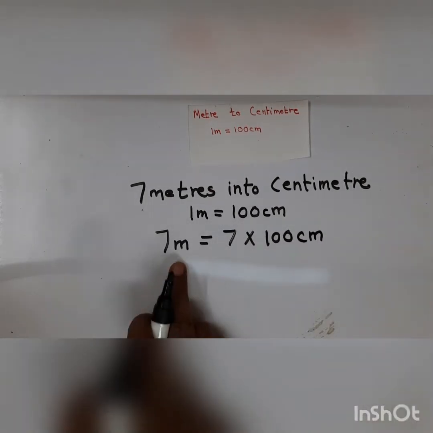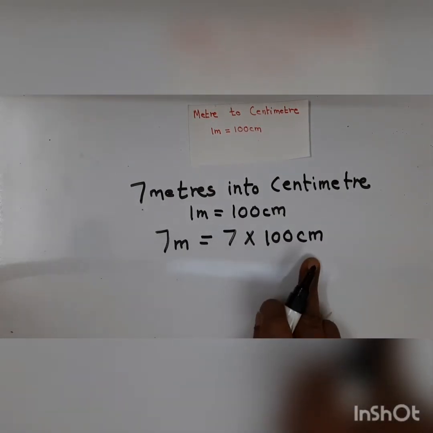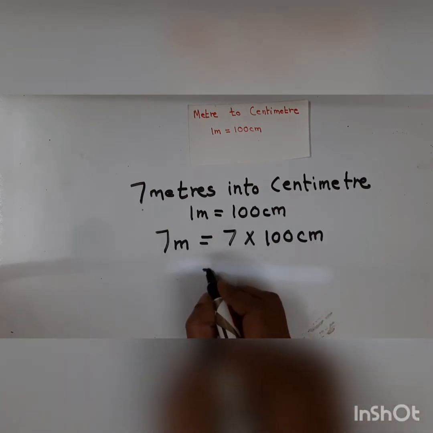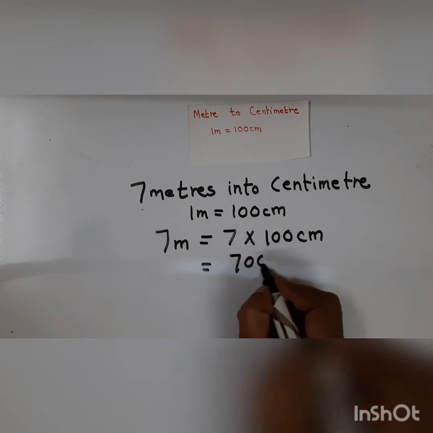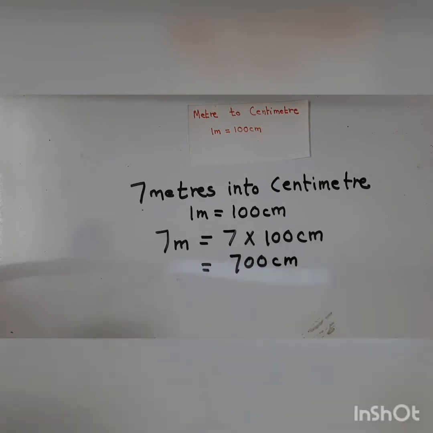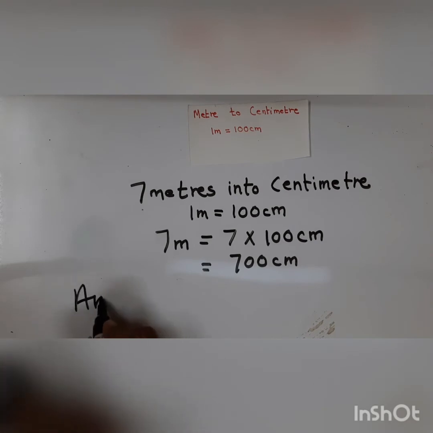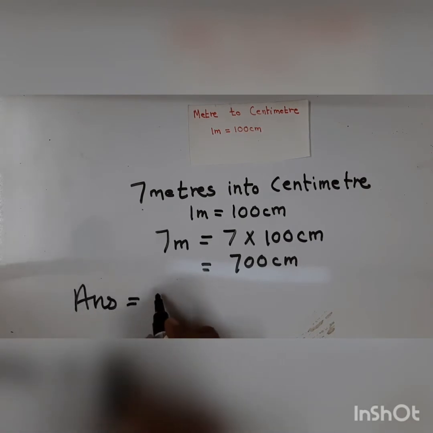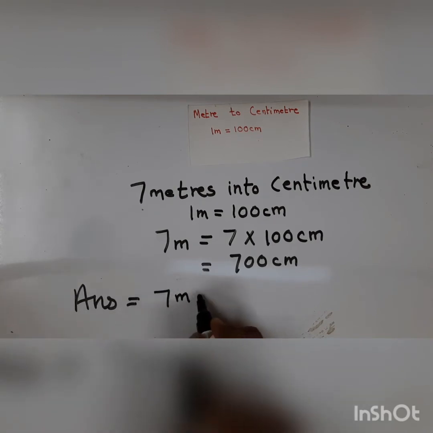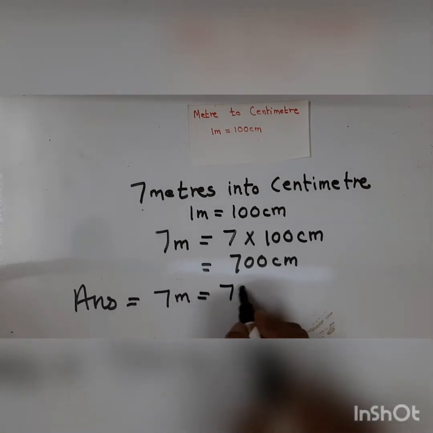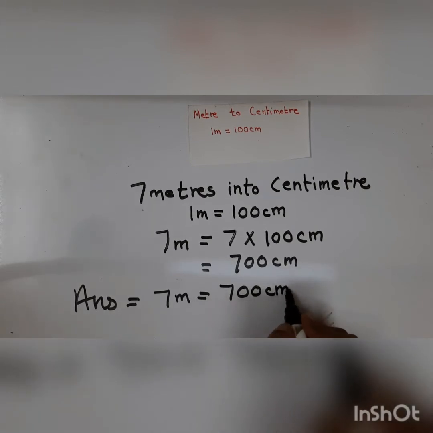Children, see here the unit changes, meter, and then here it is centimeter. So your answer is 700 cm. So you could write the answer: 7 meters is equal to 700 cm.